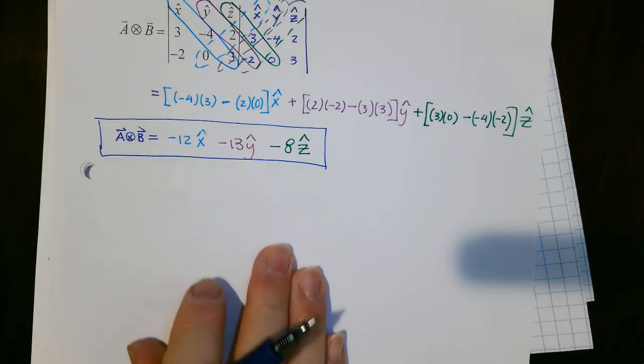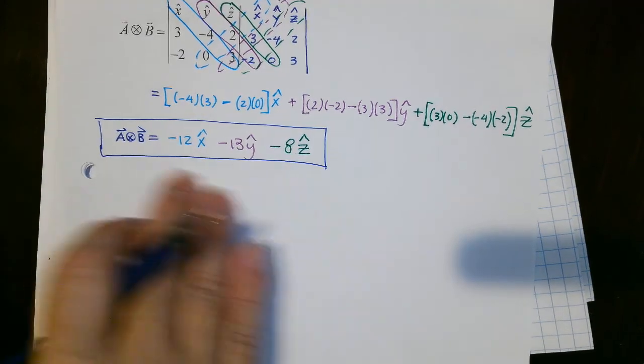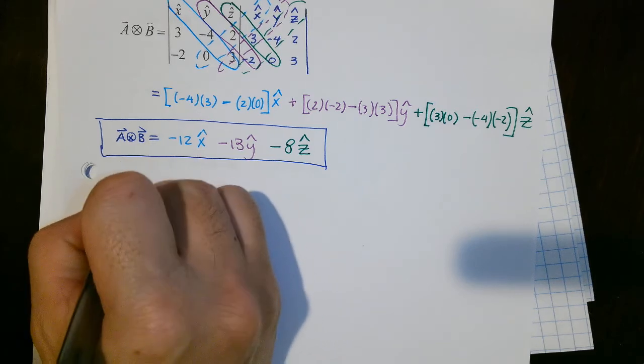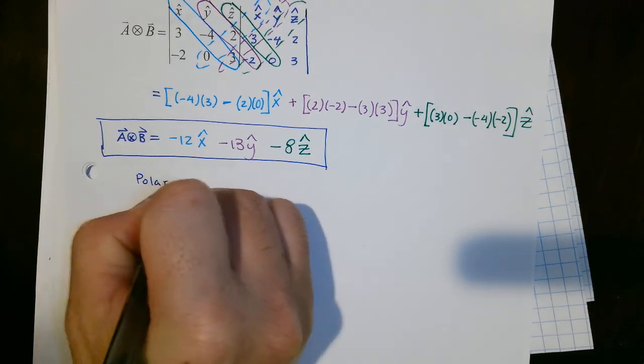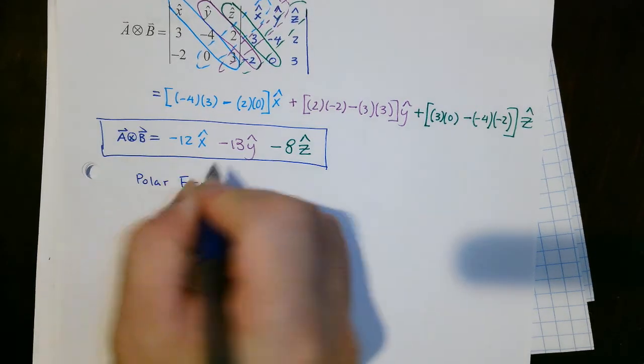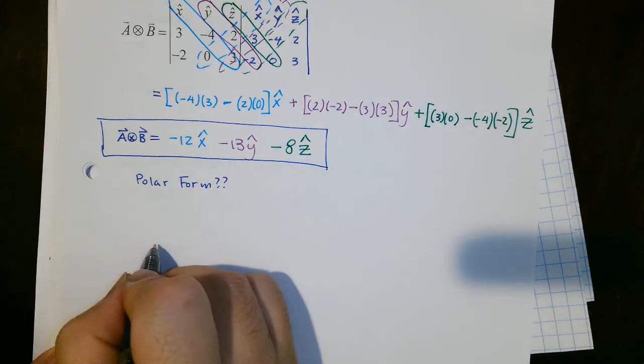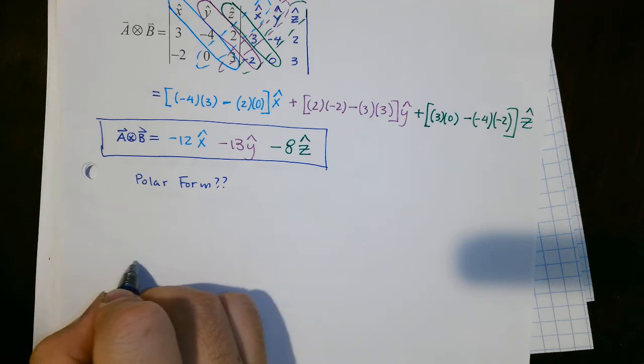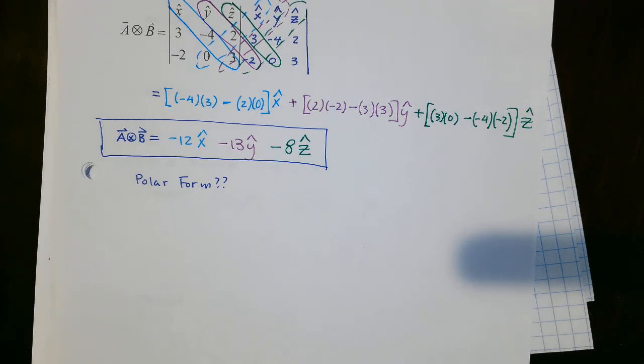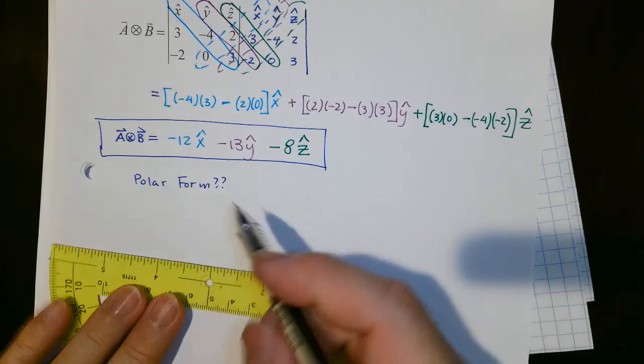So you should be able to represent this in a polar form. Now I'm not going to do this for you; you could do this on your own. I'm just going to do a rough sketch of what this would look like.